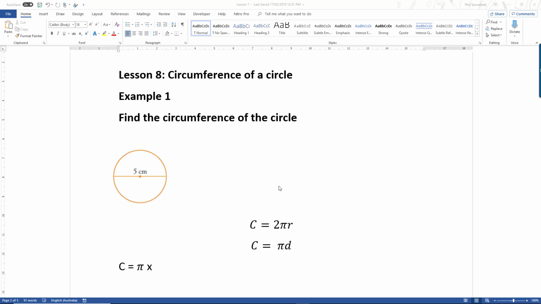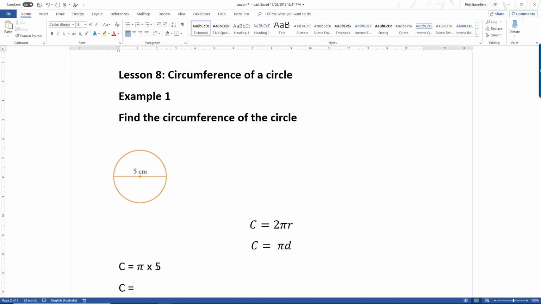The two formulas we could use are C equals 2 times pi times r, which is the radius, or C equals pi times diameter. We've been given the diameter in this case, so we might as well use the second formula. So we're going to write C equals pi times 5.